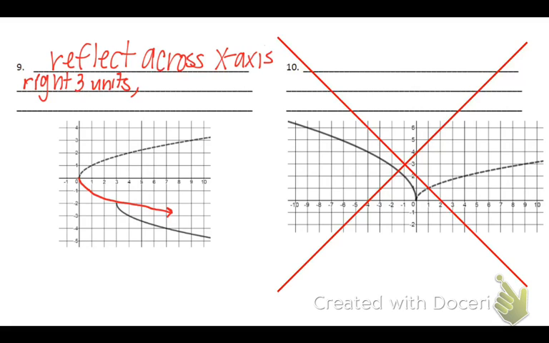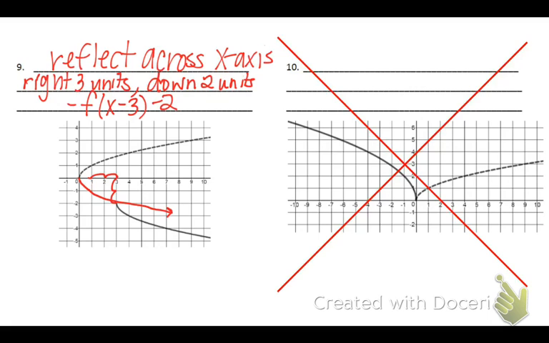Because it went there, then I go right 3, and now I have to go down 2 units. Now we're going to put that in an equation. So how do I write that as an equation? Negative f of x minus 3 minus 2, like that.